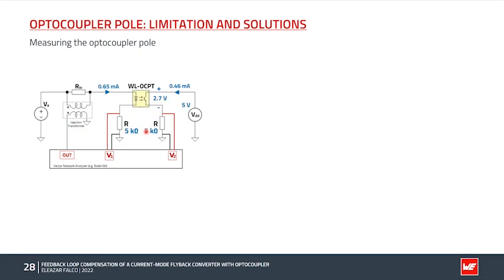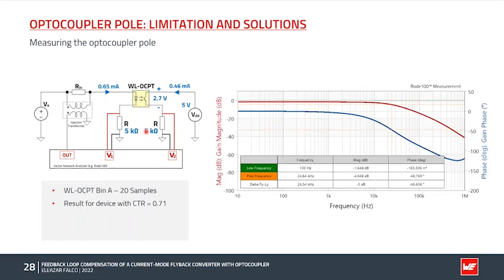The procedure for setting the optocoupler DC bias point for the measurement is exactly the same as for the CTR measurement, which we saw before, and with the proper DC bias, the same 20 samples of the WL OCPT 817 optocoupler series from the bin A were measured, and here is the result for one of them, specifically the one with a CTR of 0.71.